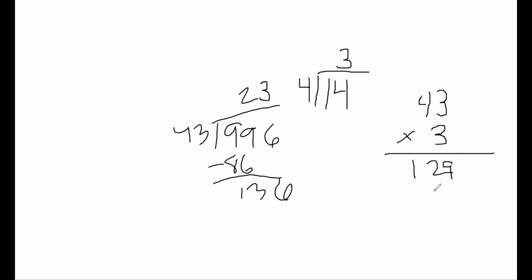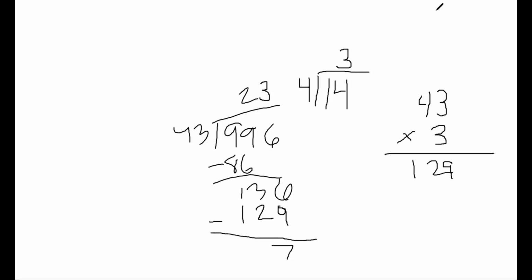Where do I put this number? I'm going to put this number underneath here so I can find out the difference. And what is 136 minus 129? That equals 7.